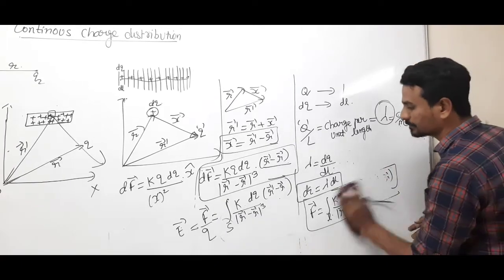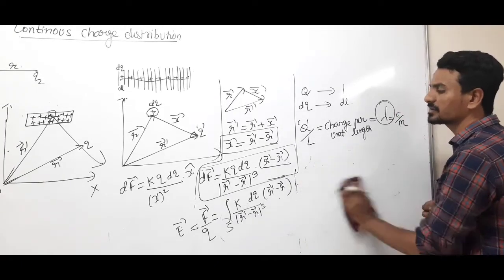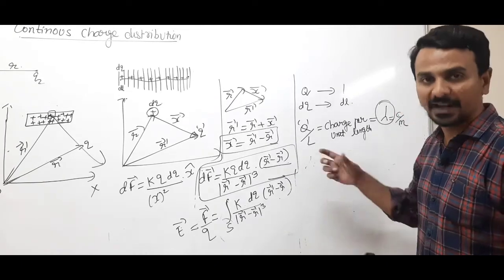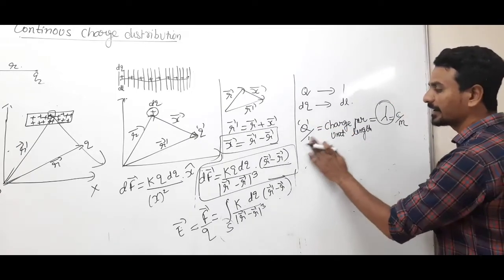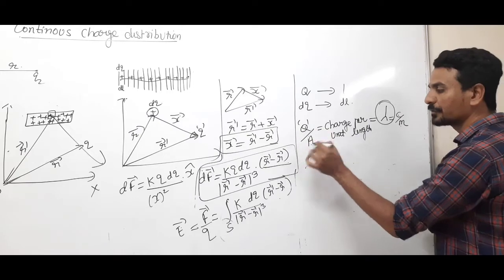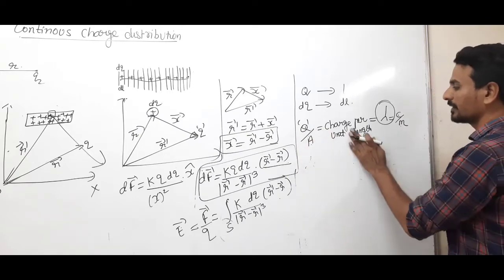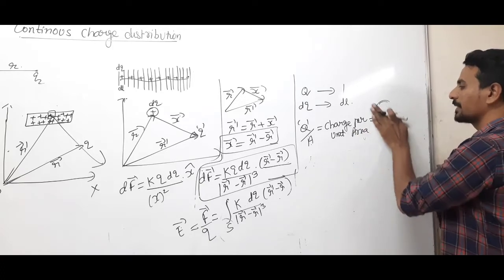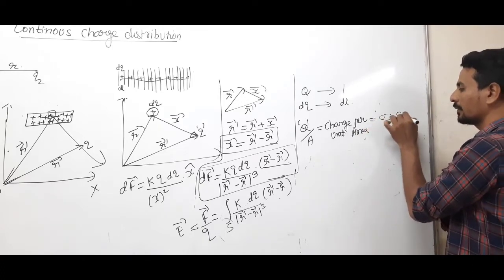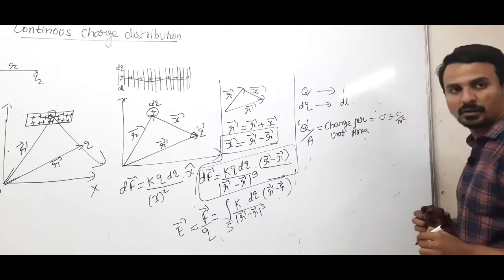In this case charge was distributed over a wire of length L, so we were writing it as q by L. But now we write it as q by A, charge per unit area. Let us represent the constant by sigma. So sigma, coulomb per meter square.